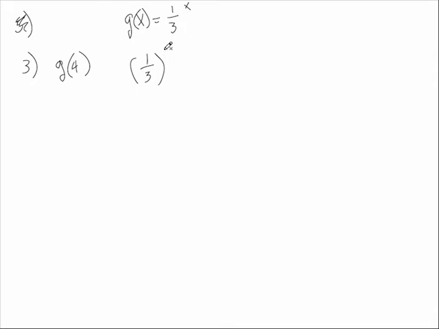So it's 1/3 to the what? To the 4th. Okay, and then you just do 1/3 to the 4th. What is that? It's 1 over what? 3 to the 4th, right? Because it's 1 to the 4th, which is 1 over 3 to the 4th. So it's 1 over 81. Okay? That's all there is to it.